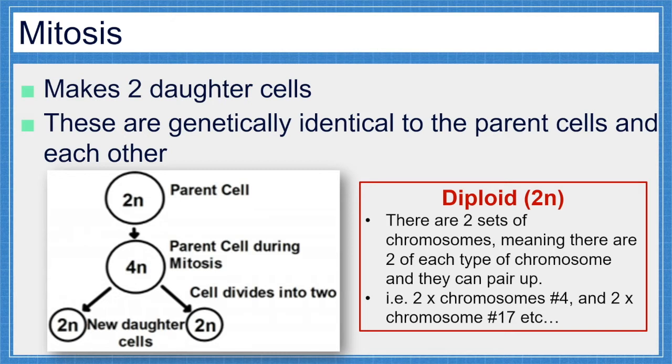But technically you now have double the amount of genetic information. Then it goes through the whole process of mitosis and it divides into two new cells. And if you take 4 and divide that by 2, you end up with 2. So you can end up with 4N, dividing that into 2, you end up with two 2N cells. So that's what this image here is showing.